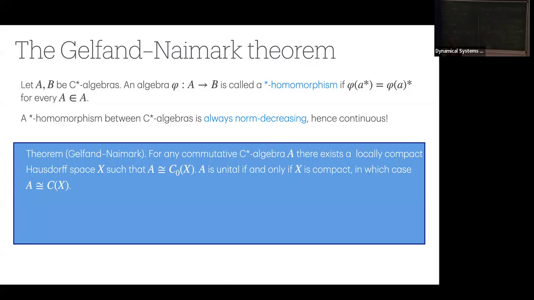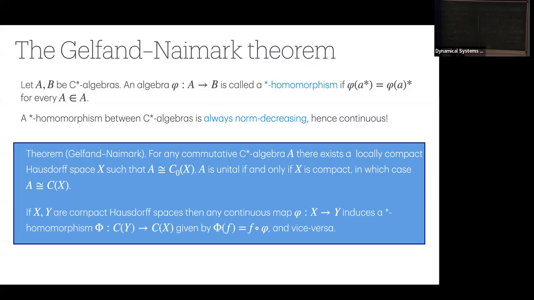Okay, so Gelfand and Naimark showed that if we have a commutative C-star algebra, then there always exists a locally compact Hausdorff space X such that as a C-star algebra, A is isomorphic to C naught of X, which we saw on the previous slide. And A is unital if and only if X is compact, in which case we just write C of X without the 0.